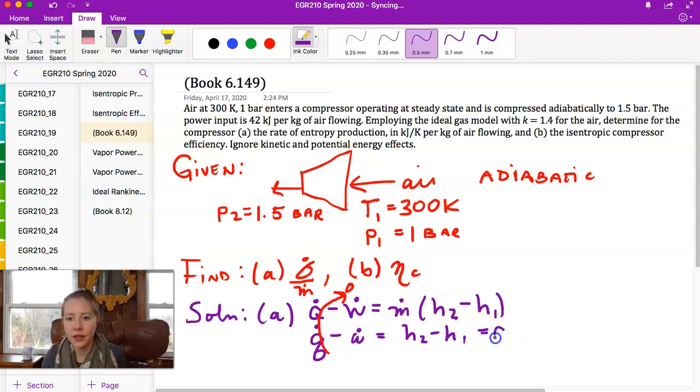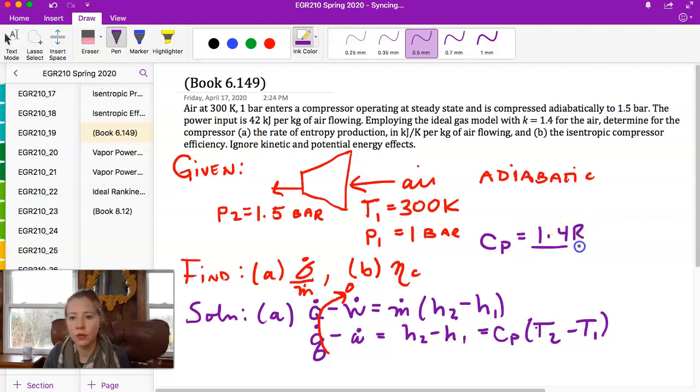So it's going to be Cp, the specific heat analyzed at constant pressure, times T2 minus T1. And remember, Cp is equal to kR over k minus 1.